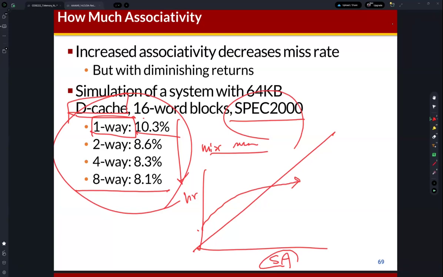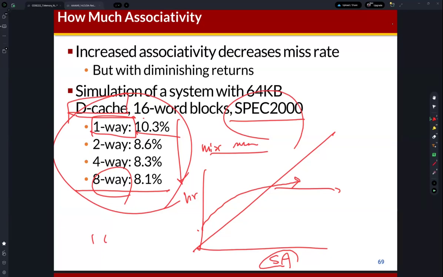So usually the hit rate of an 8-way or 16-way set associative cache is similar to the hit rate of a fully associative cache in a CPU. What does that mean?